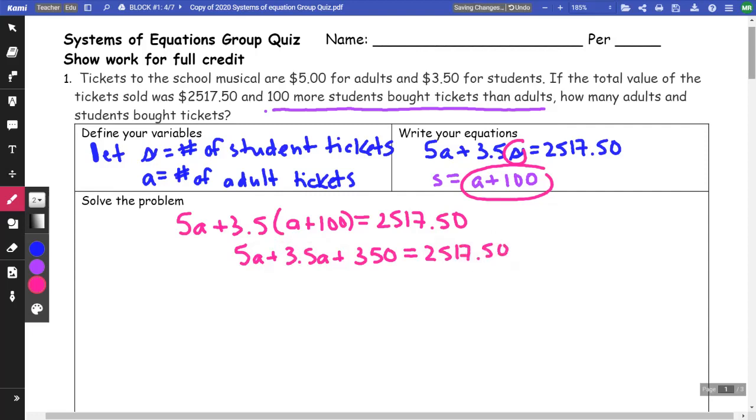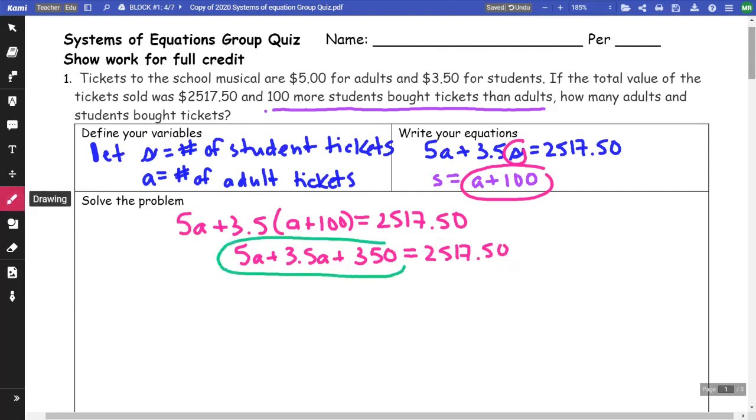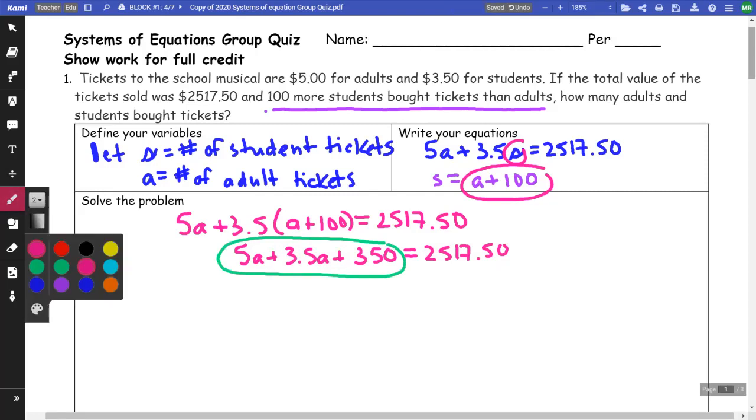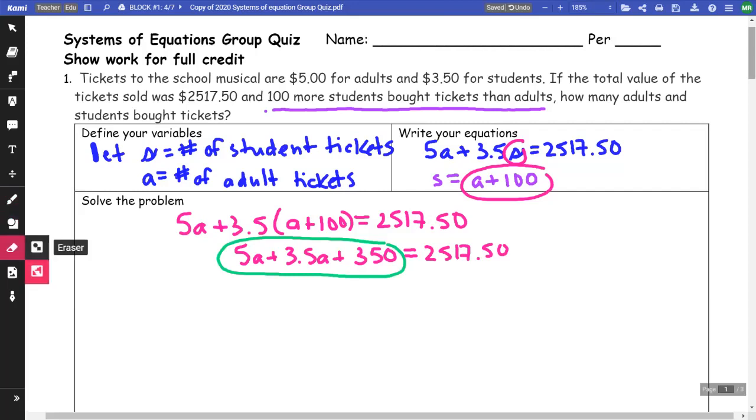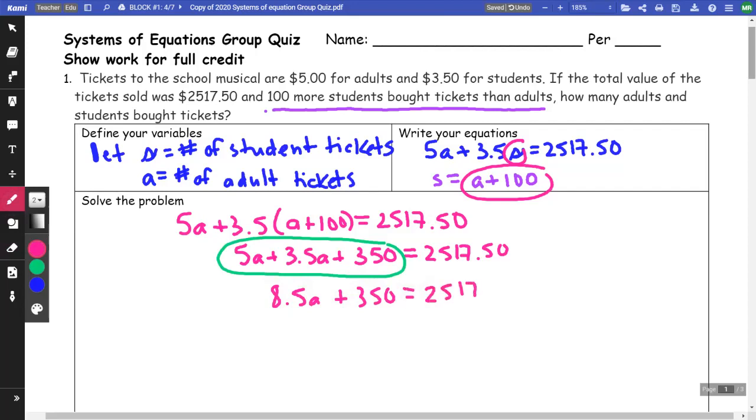Then I'm going to look and see that on this side of the equal, I have my two sets of A's there. So I'm going to combine those A's and I'm going to get 8.5A plus 350 is equal to 2517.50.